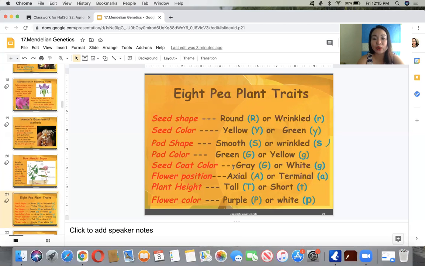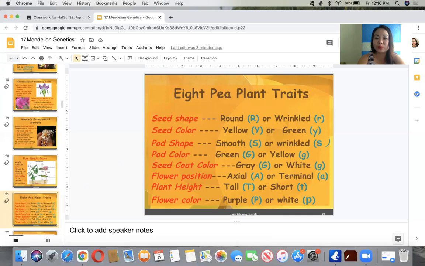For the seed coat color, we have gray as capital G and white as small g. For the flower position, axial is capital A and terminal is small a. For the plant height, capital T for tall or small t for short. And for flower color, we have purple, capital P, or white, small p.